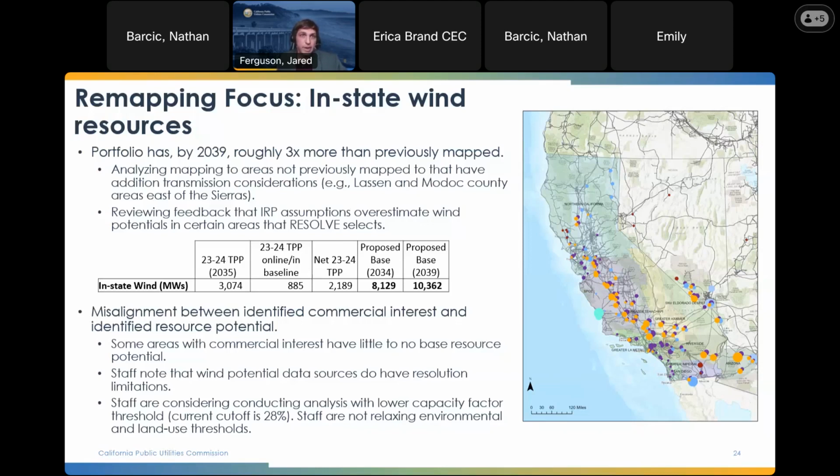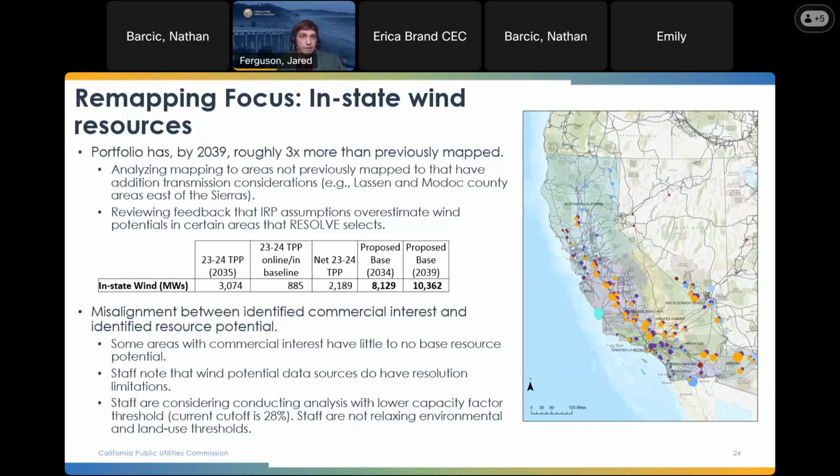As we've discussed in previous workshops, we have a techno-economic base resource potential layer with a cutoff of a 28% capacity factor. Staff are looking at lowering that capacity factor, particularly in locations where we have identified commercial interest, to see if we can identify potential wind locations that our base data layer is missing.